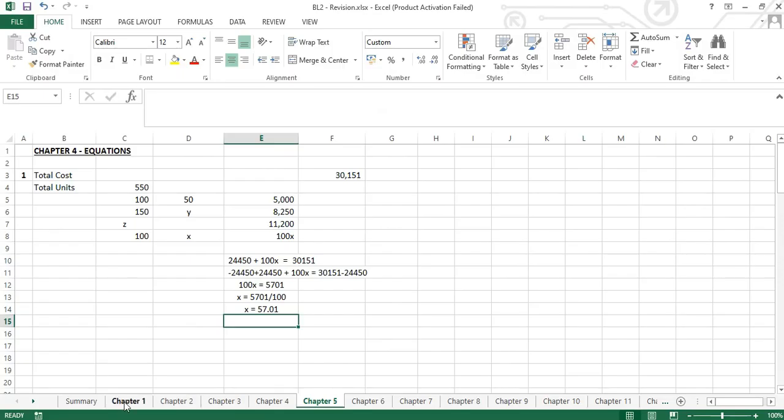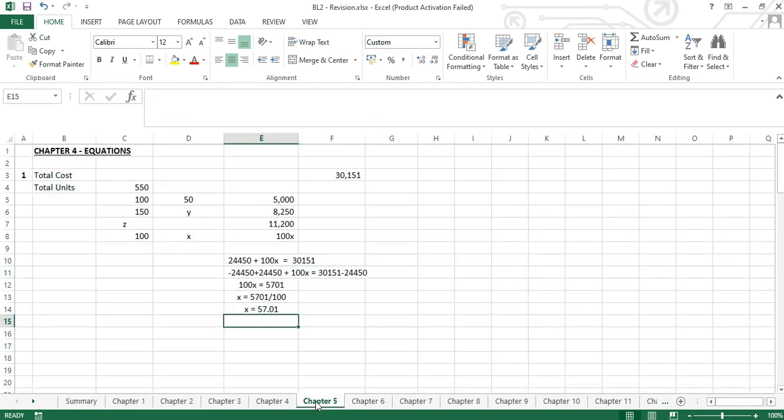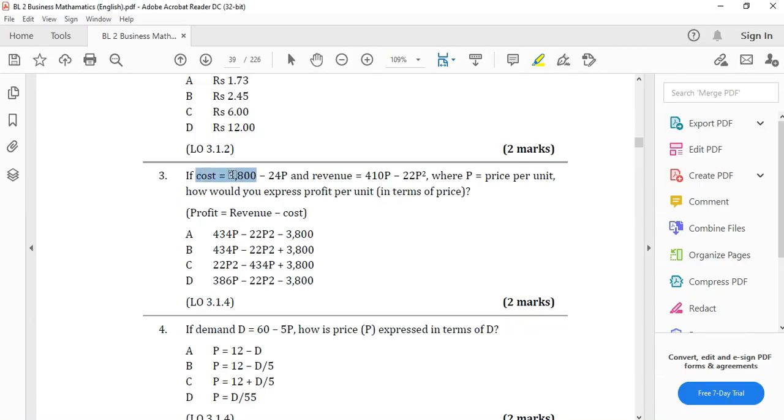Alright. Next we have question 3. If the cost equals 3,800 minus 24p, and revenue equals 410p minus 22p squared, where p is price per unit, how would you express your profit per unit?